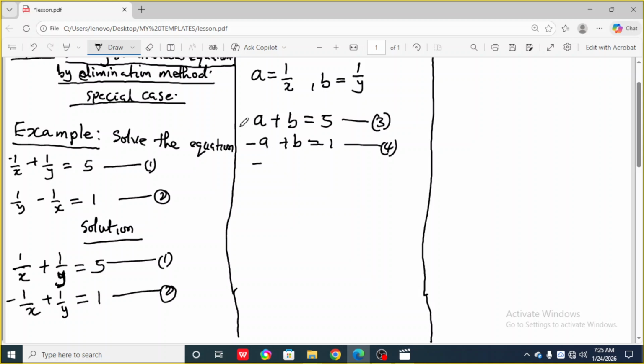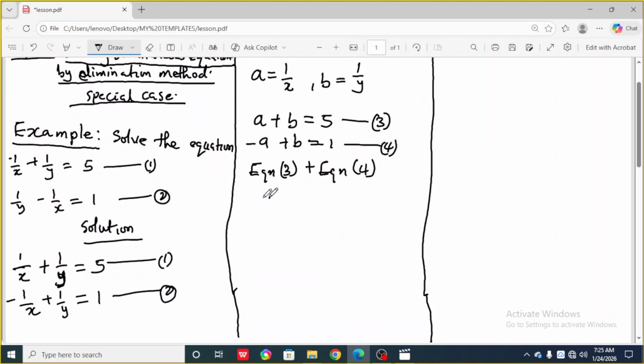So when the signs are different, you add. But suppose it's b I want to eliminate, the signs are the same. In that case I will subtract, but I want to eliminate a and find b first. So I will say equation 3, I'm going to add, because their signs are different, plus what? Equation 4. You can eliminate any one you like. So I'm adding equation 3 and equation 4.